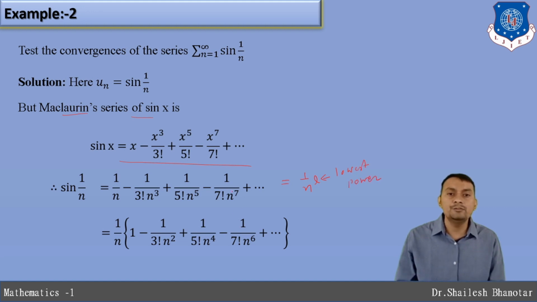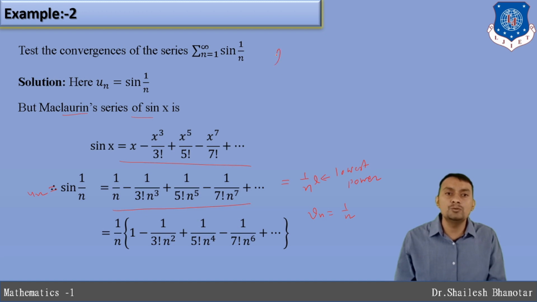That is going to be the common term, and therefore I assume vn is nothing but 1 divided by n, and this is un.